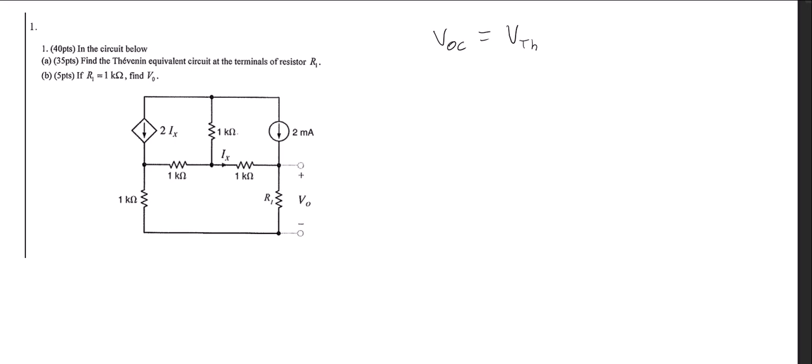So for this circuit right here, what we're saying is we are looking at, if this goes away, right here, what is the voltage across this terminal right here? What is V0 when we have an open circuit? And that will be our Thevenin voltage.